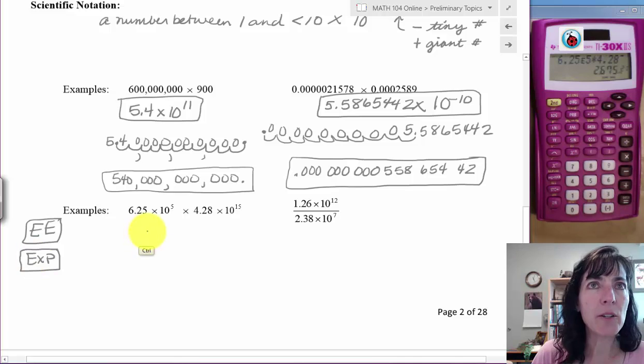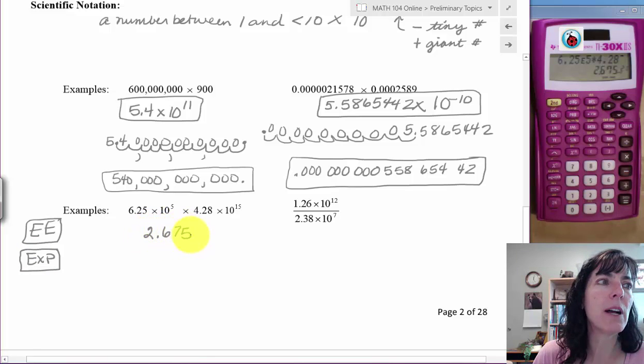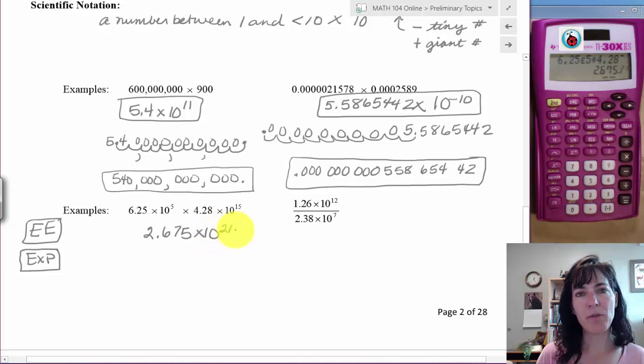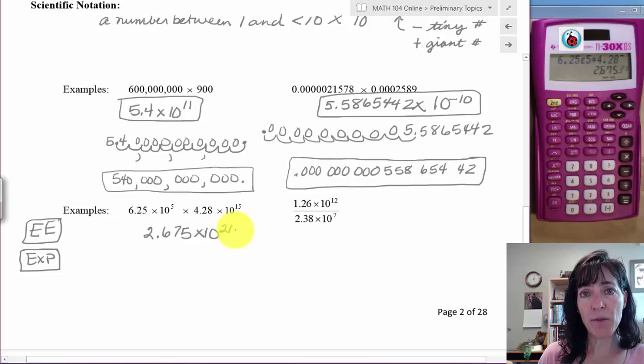Enter. So my calculator says 2.675 times 10 to the 21st is my result. And this is really cool because you don't have to do a lot of work, and you can multiply and divide numbers that are already in scientific notation and get your results already in scientific notation.